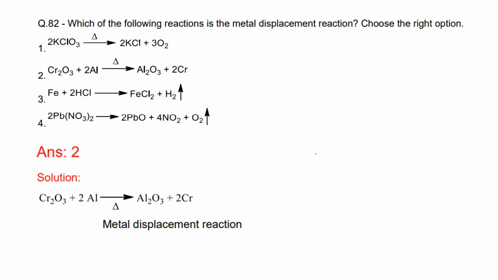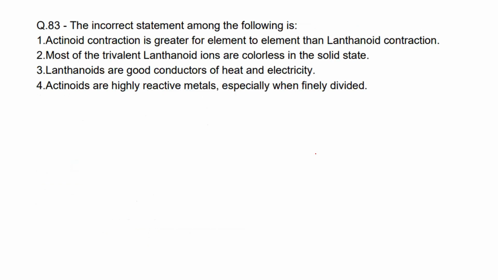And next, question number 83. The incorrect statement among the following is: actinide contraction is greater from element to element than lanthanide contraction; most of the trivalent lanthanide ions are colorless in the solid state. So the first statement, actinide contraction being greater, is correct. But the second statement, that most of the trivalent lanthanide ions are colorless, is wrong, because most of the trivalent lanthanide cations contain unpaired electrons.